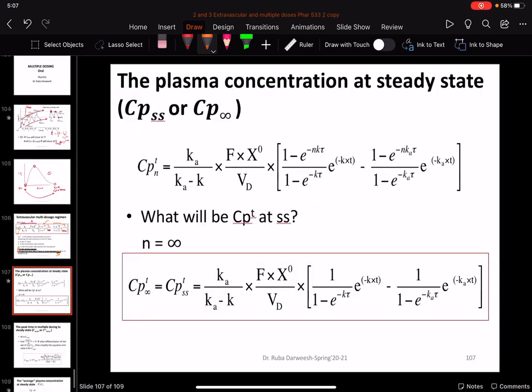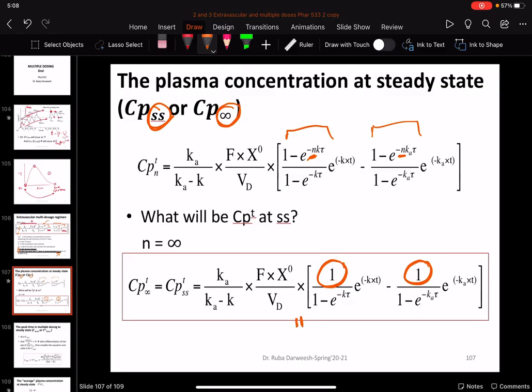We were able to determine a steady state concentration by substituting n as infinity, so the term started to be 1 instead of this term in each one of those terms. If we did rearrangement, we had a shorter equation.